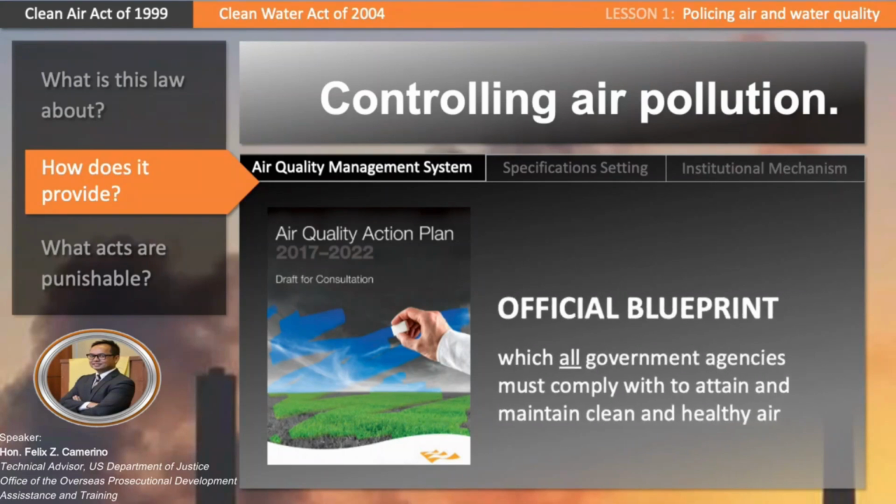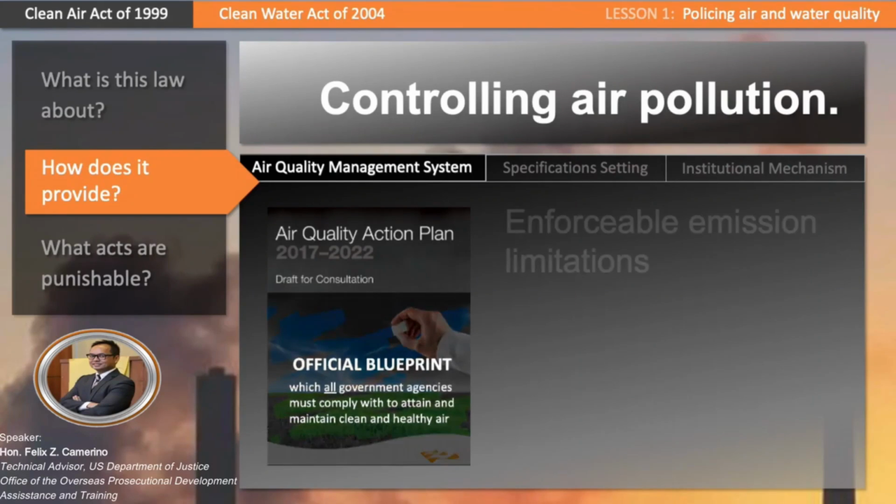Okay, so there's a number of things that it does, and I'm just going to identify a few just to give you an idea of what's in this action plan. It provides for limitations on emissions. As I'm sure you know, emissions are what's emitted, released, let out. Technically, all of us humans also emit.